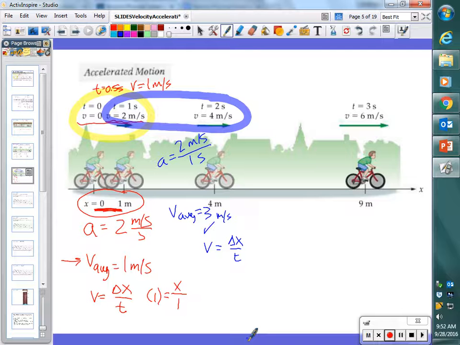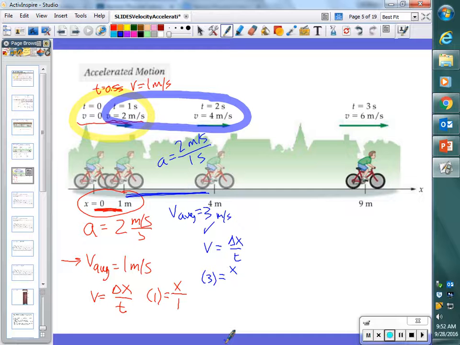So during this interval that I circled in blue, what did we calculate was the average velocity? 3. So I'm going to plug 3 in here. We're trying to verify how far he went, so that's going to be my variable.